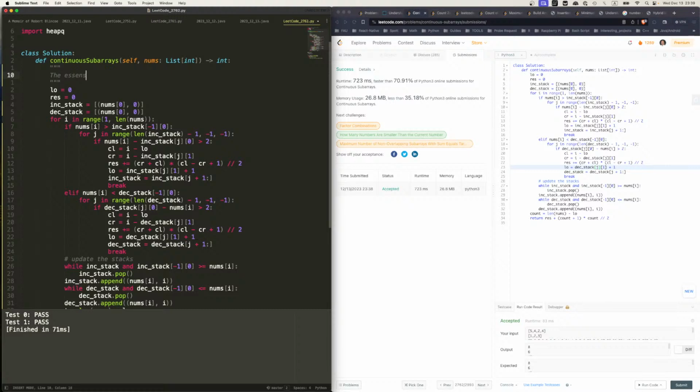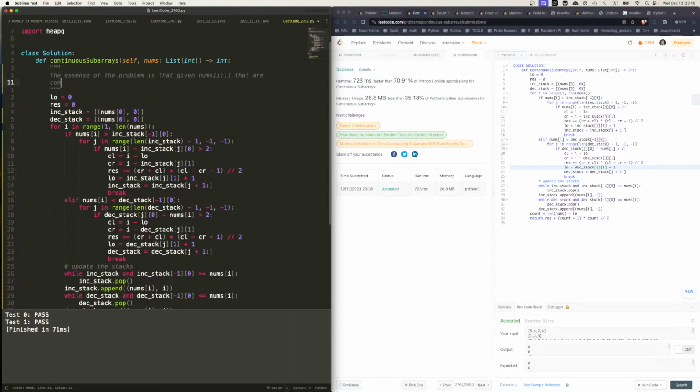the essence of the problem, right, is that given an array, given nums i to j, right? Given nums i to j that are continuous, right?